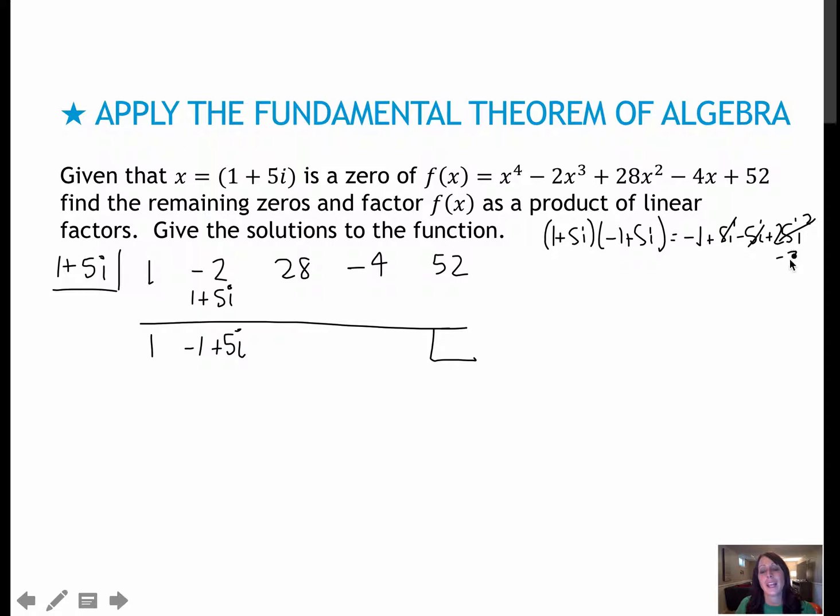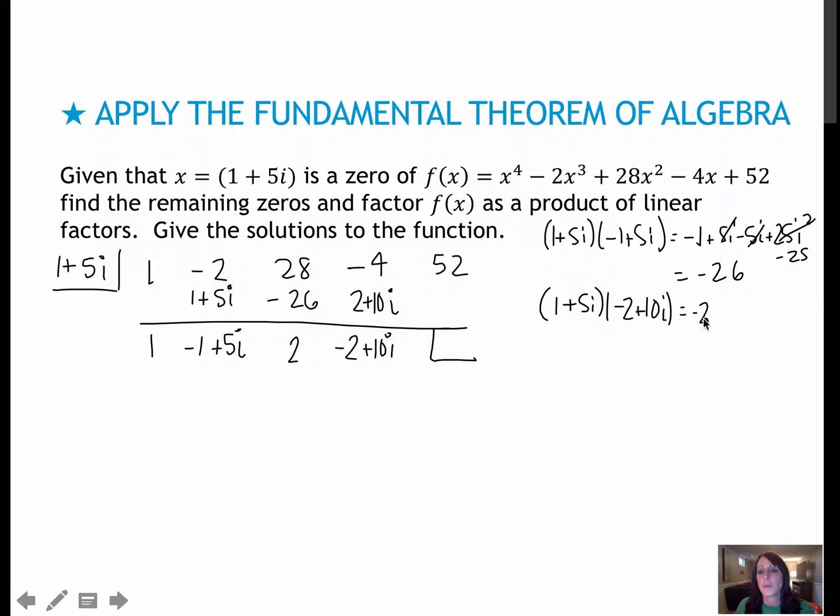This turns into -25, so that gives me -26. Add those together, I get 2. Take this times 2. That gives me 2 plus 10i. If I add those together, that's -2 plus 10i.